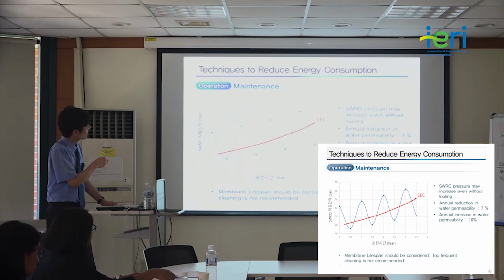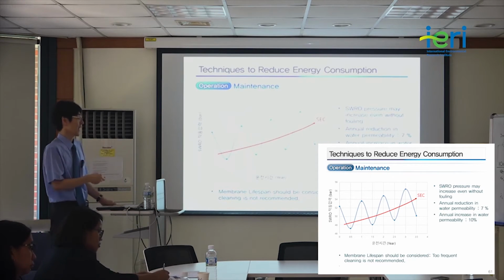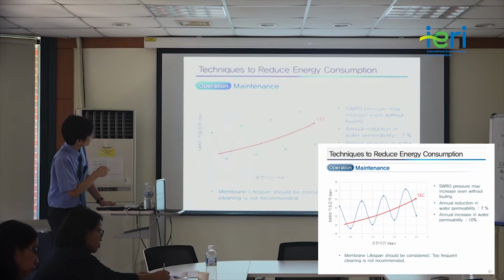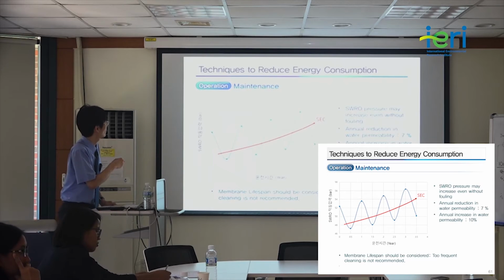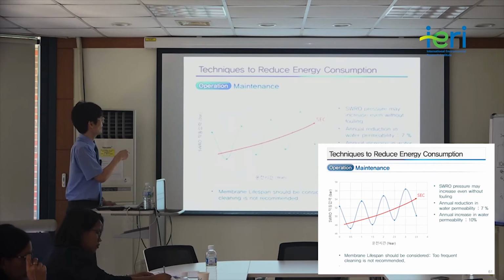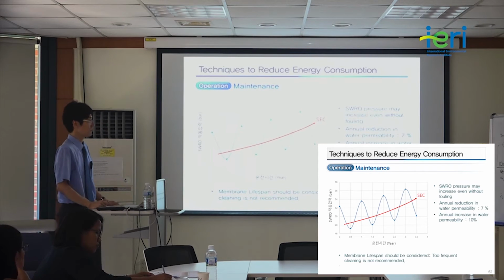So higher pressure is obtained in winter, lower pressure in summer, winter, summer, winter, summer, something like that. And why do we have the gradual increase in the applied pressure with time? In this case, the applied pressure has the same meaning as the specific energy consumption.